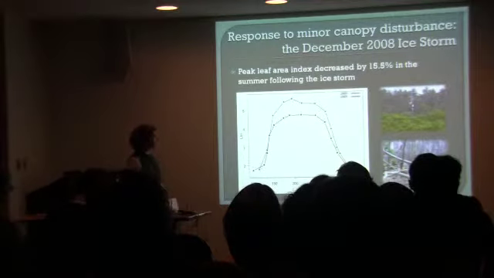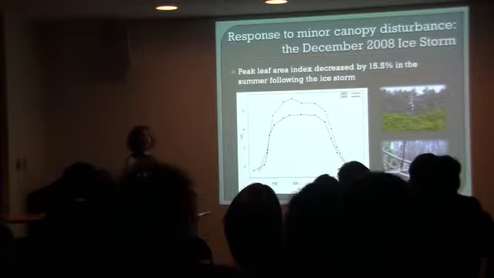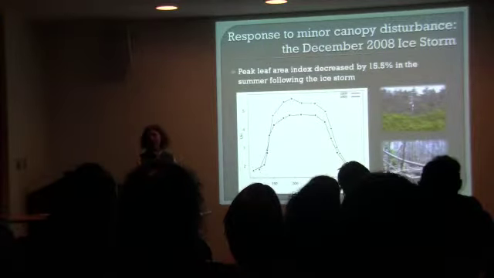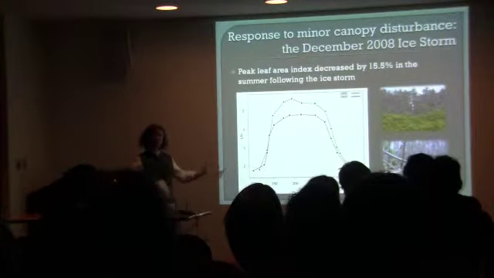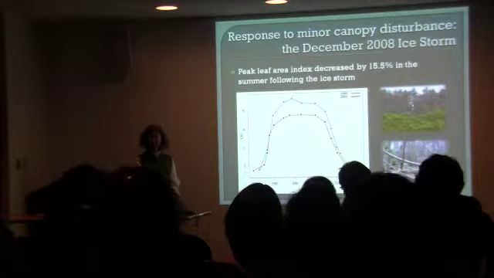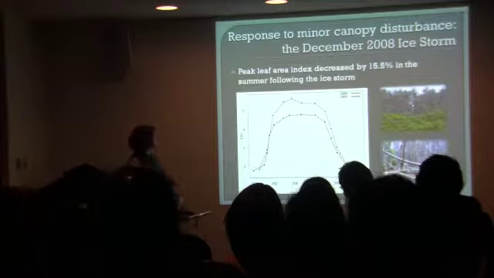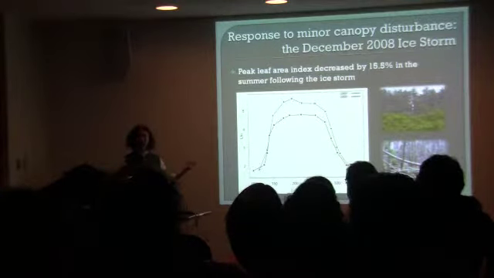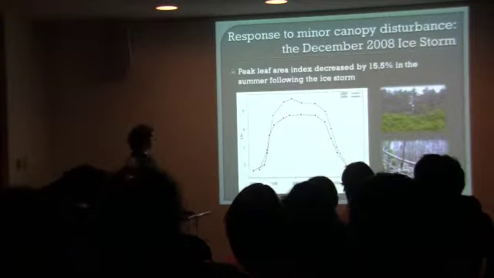The group working on the EMS tower has a suite of 33 permanent plots arrayed in the tower footprint that they've been examining since 1993. So they were well poised to look at the effects of the ice storm on some parameters in those plots.